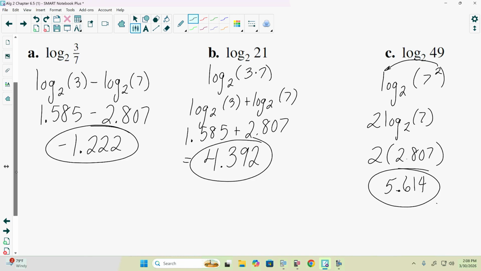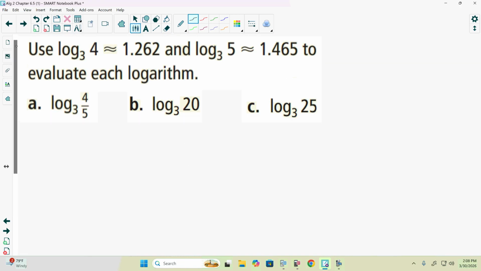Question anything we've done so far? Log base 3 of 4/5. Well, this is kind of nice. It's already written the quotient out for us. Because we can say log base 3 of 4 minus log base 3 of 5.